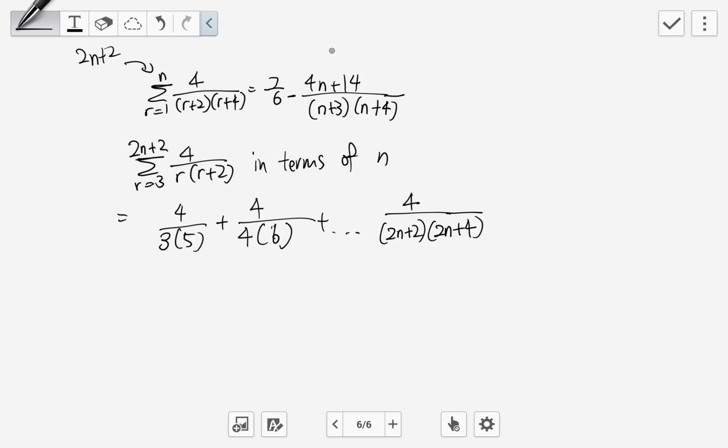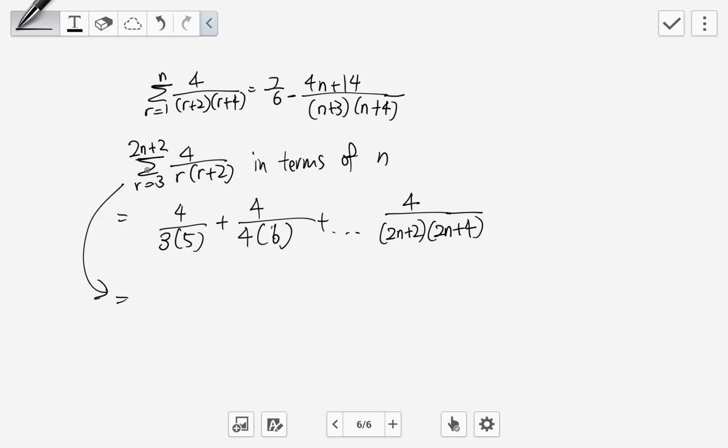Then all this formula would change to 2n plus 2, 2n plus 2, 2n plus 2. But now we are not going to do that yet. We must find out what this one equals to.